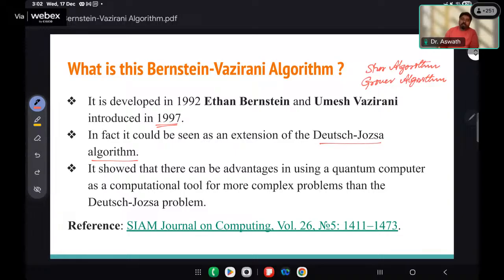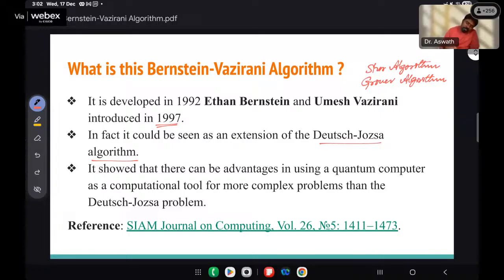As you recollect, Deutsch algorithm is calculating multiple function values in one shot, and Deutsch-Jozsa algorithm is finding whether the function is balanced or a constant function. That is what we saw yesterday and the day before yesterday.